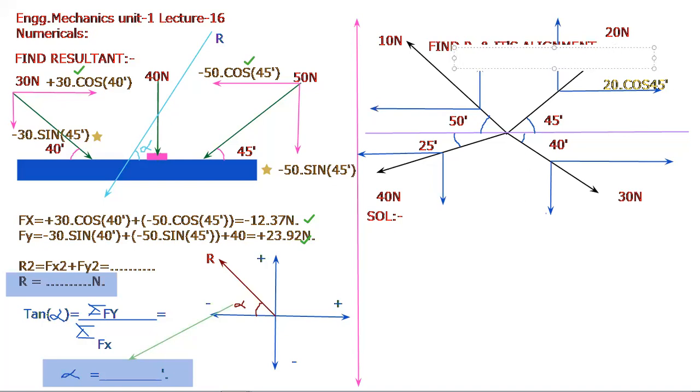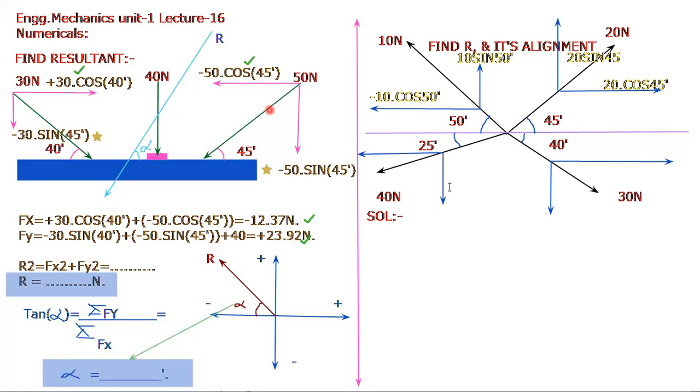Here 10 sin of 50 degree, and here minus 10 cos of 50 degree. Minus sign is there because it is along negative x direction.